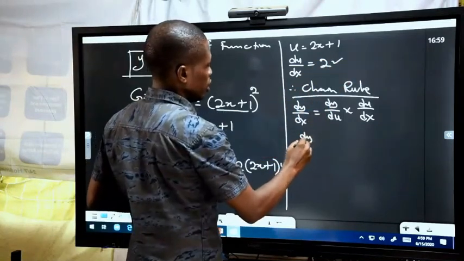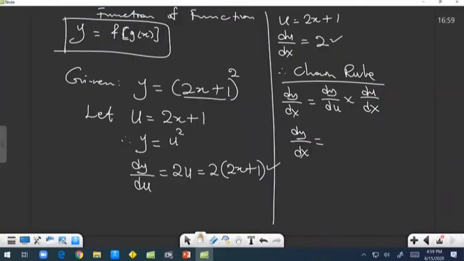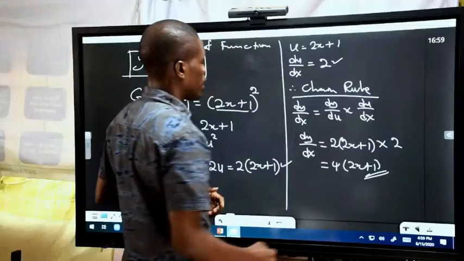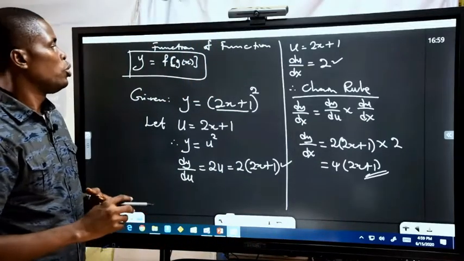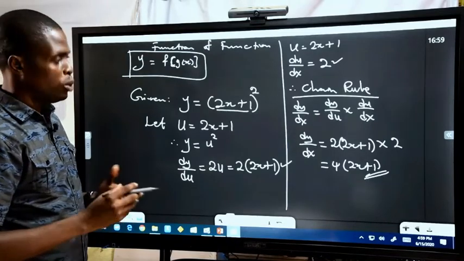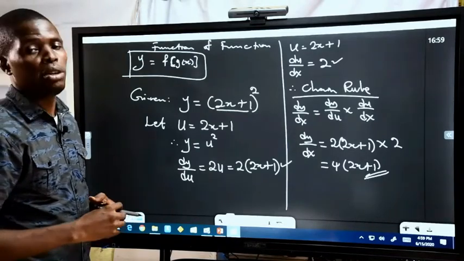So when we differentiate, we say dy over dx equal to dy over du, which is 2 in brackets, 2x plus 1, multiplied by 2. So finally, the answer there will give us 4 in brackets, 2x plus 1. Okay, so that is differentiation using chain rule, or what we call function of a function.